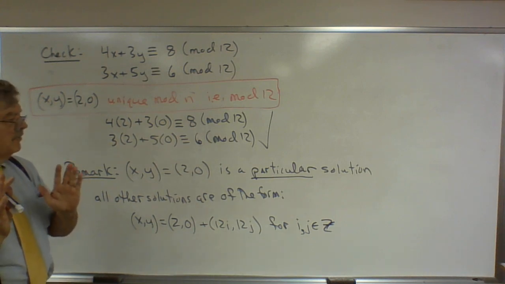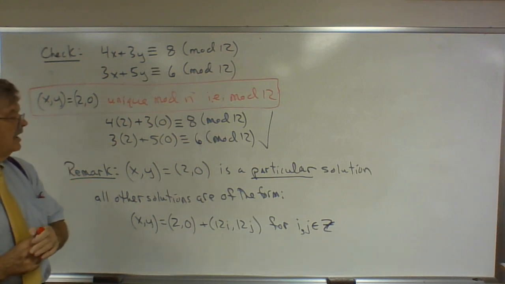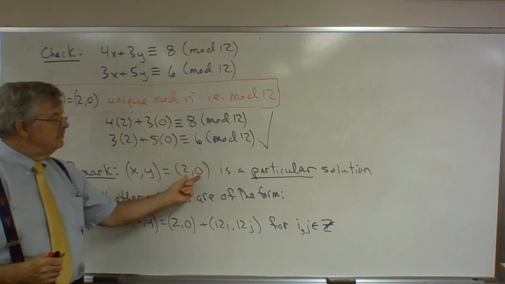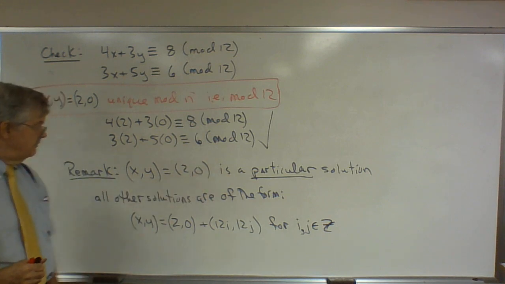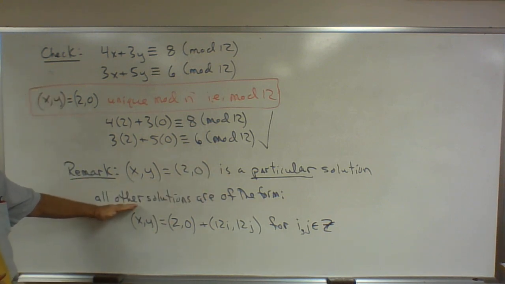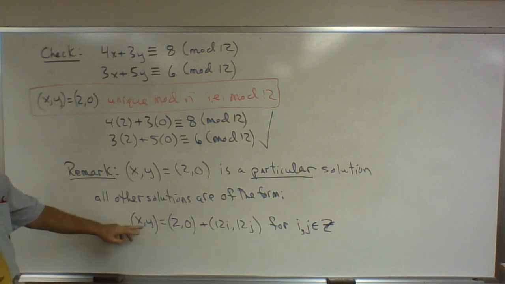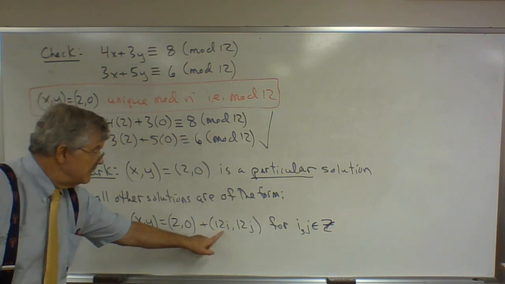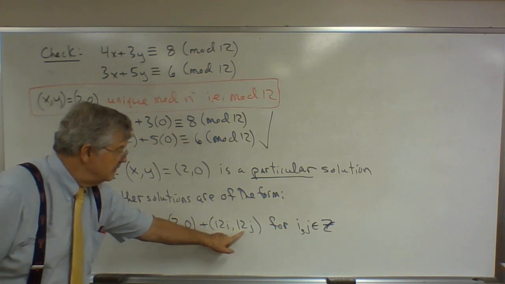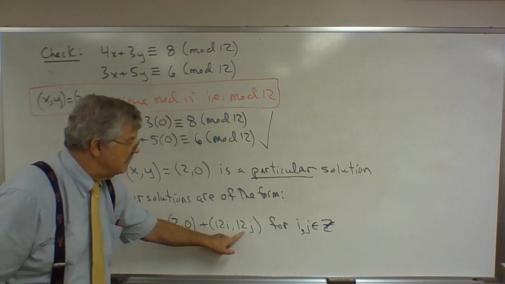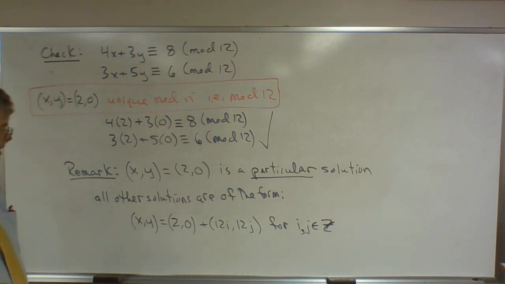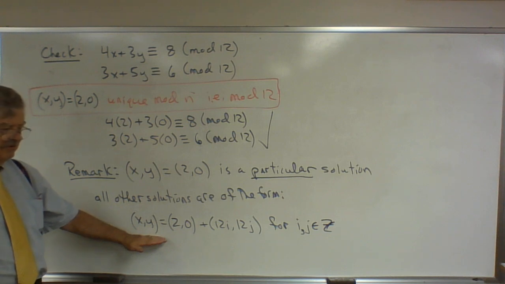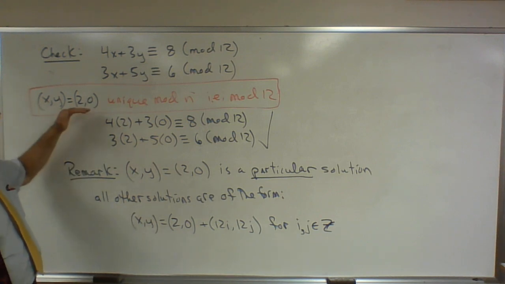So if we're just looking for ordered pairs (x, y), we use (x, y) equal (2, 0) as a particular solution. All other solutions are going to be of the form (x, y) equals (2, 0) plus some integer i times 12, some integer j times 12. So we can generate infinitely many solutions that are congruent to this mod 12.